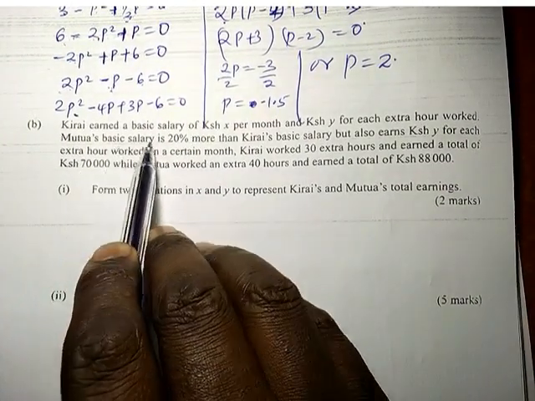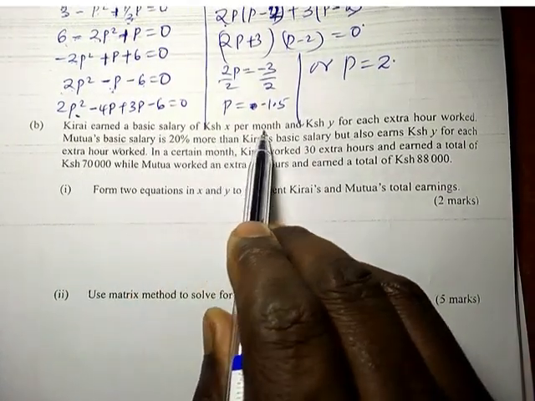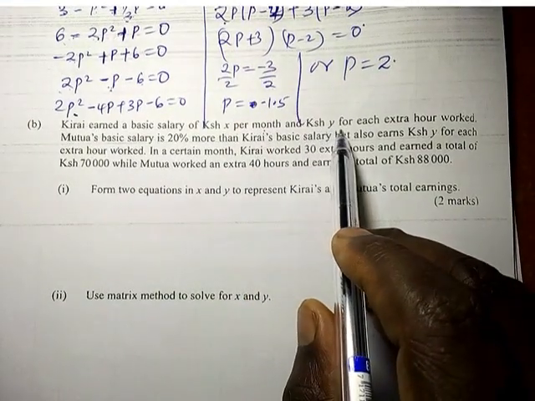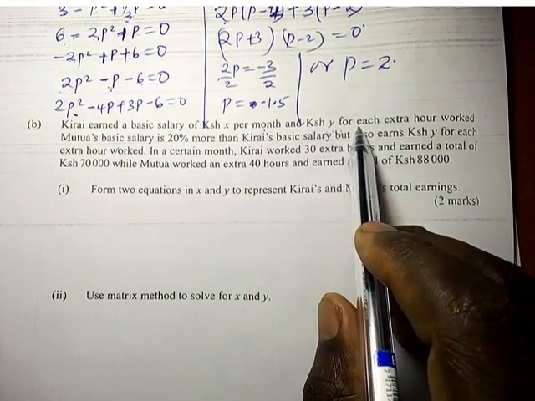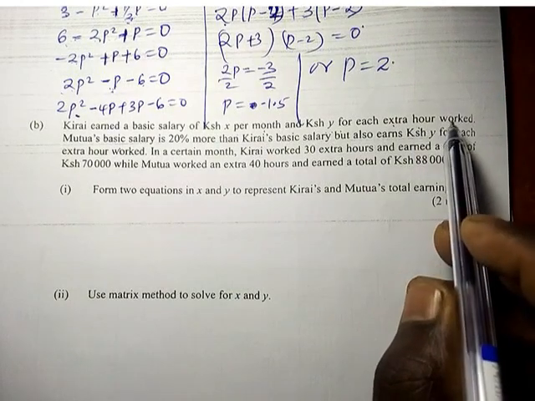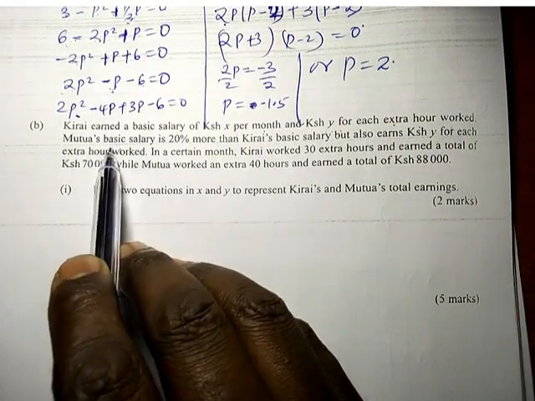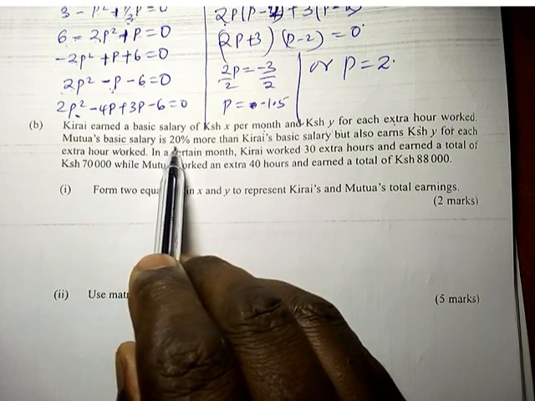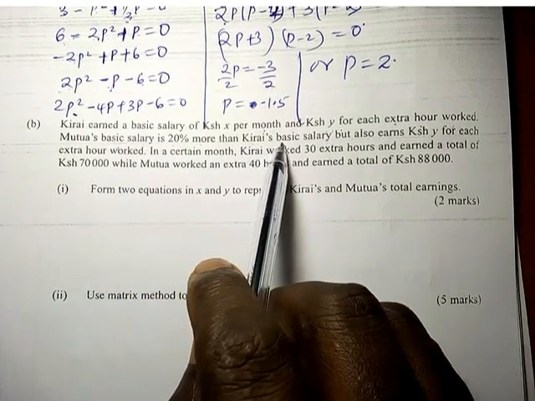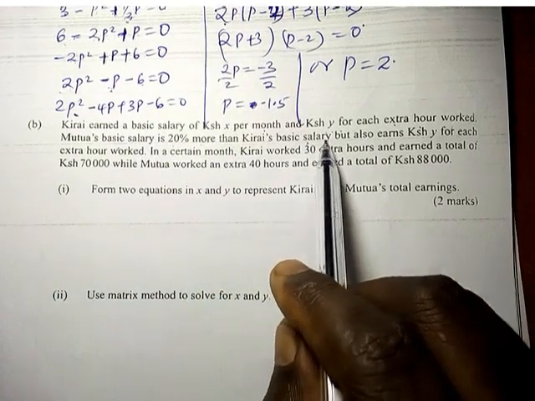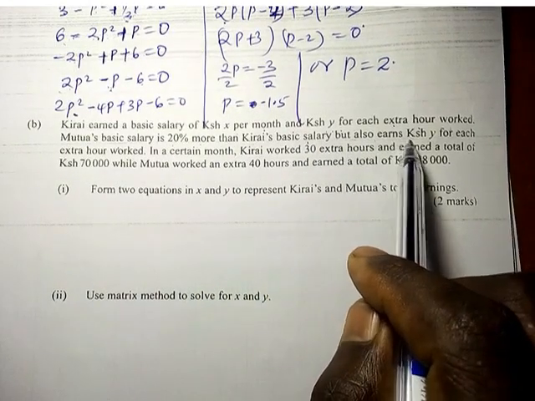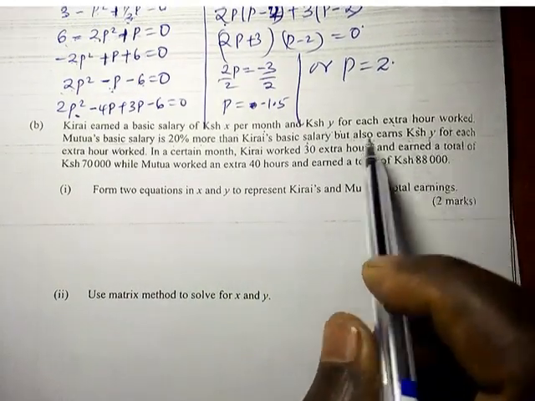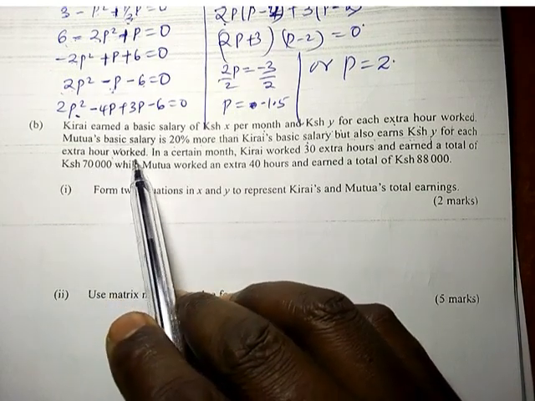Kirai and Muthurai earn a basic salary of X per month, and Kenya shillings Y for each extra hour worked. Muthurai's basic salary is 20% more than Kirai's basic salary, but he also earns Kenya shillings Y for each extra hour worked.